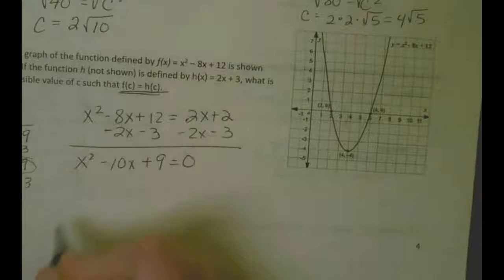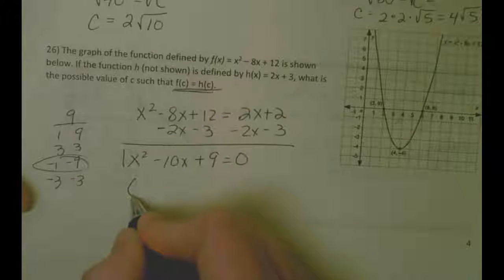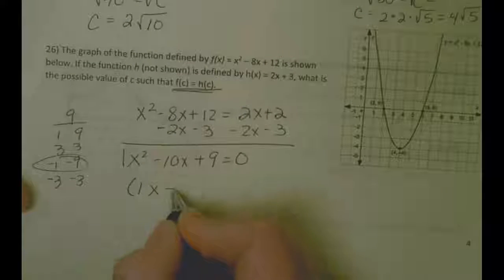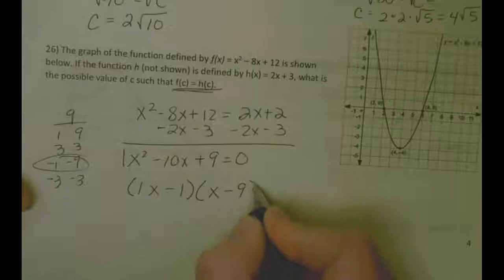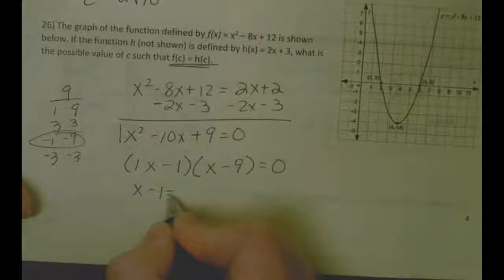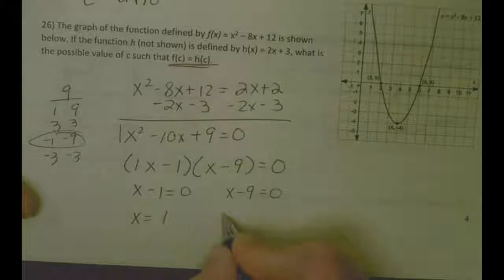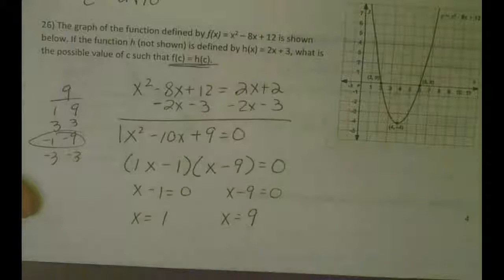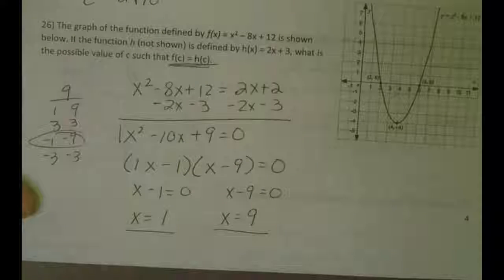This is the pair I need. Since this is equal to 1, it will factor into. This is not the answer yet. Solve those equations. These are the two values that make these two functions equal.